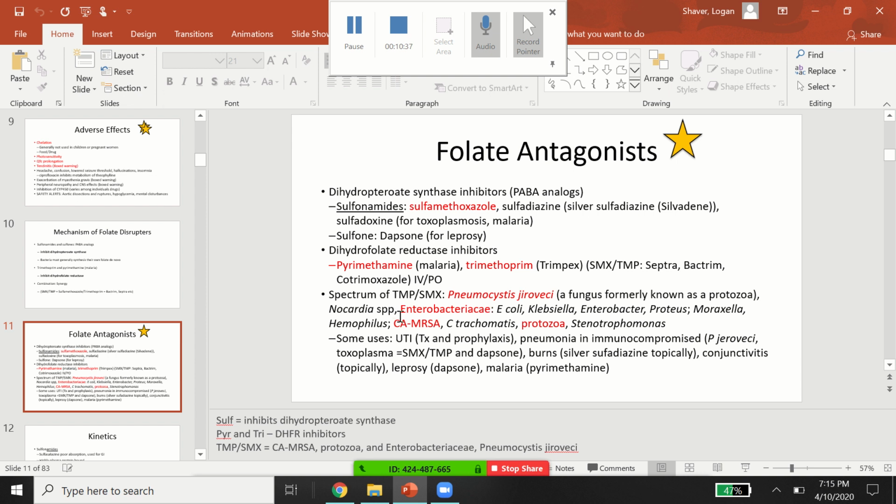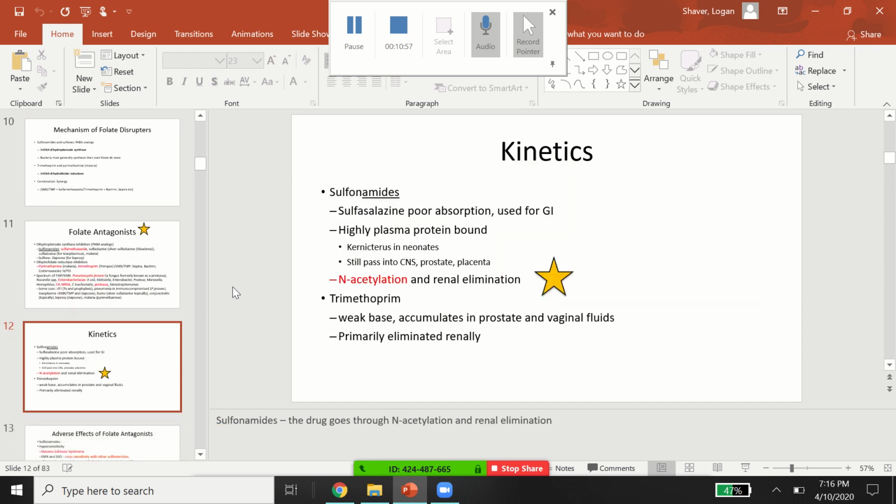Enterobacteriaceae, that's more like a gut bacteria. Then you have CA-MRSA, so make sure you know that it's CA-MRSA, not just regular MRSA. And then protozoa, so that's going to be more things like, I know it's not Giardia, but it's something toward that end of the spectrum. So it's something kind of off the wall, basically.